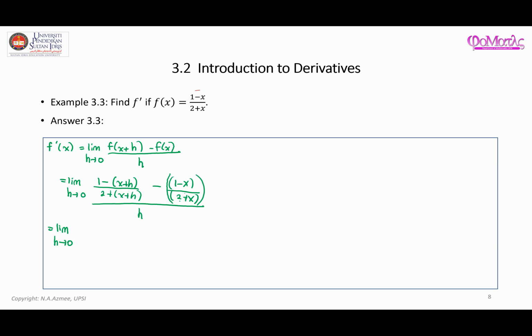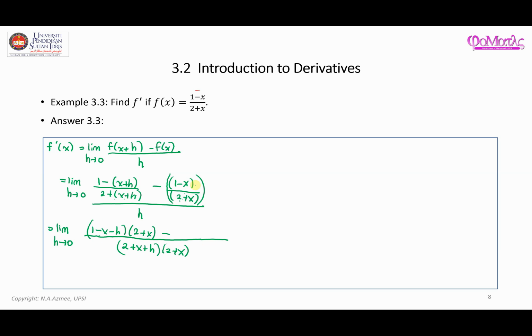So here we have the limit as h approaches 0. The common denominator is definitely going to be 2 plus x plus h times 2 plus x. Next, on the top part we have 1 minus x minus h multiplied with 2 plus x.